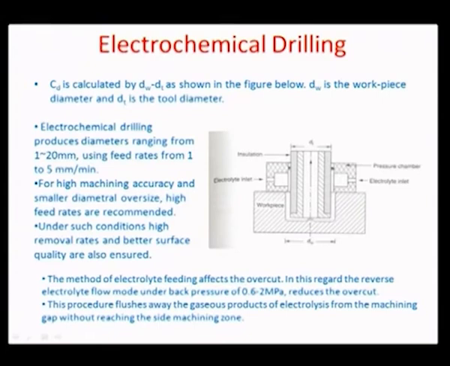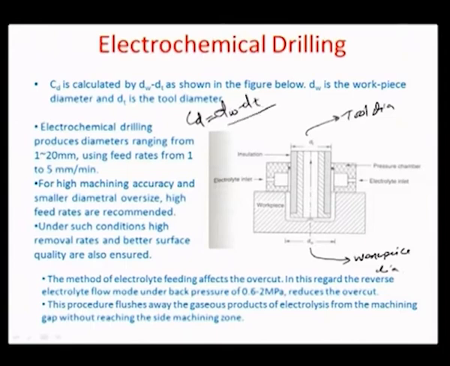The side gap, CD, is calculated in the following manner. If dW is the workpiece diameter which eventually gets formulated, and dt is the tool diameter, then CD, the side machining gap, is the difference between dW and dt. So dW minus dt is CD.